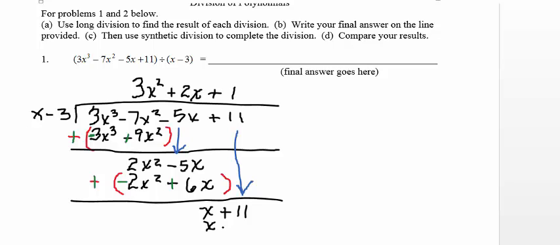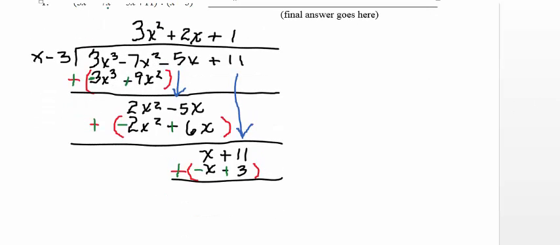And notice I need to keep dividing until my subtraction yields something that has a degree less than the divisor. In this case, the divisor has degree 1. So when I add 11 to positive 3 and get 14, that 14 has degree 0. My divisor has degree 1.